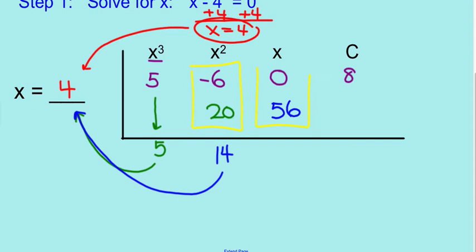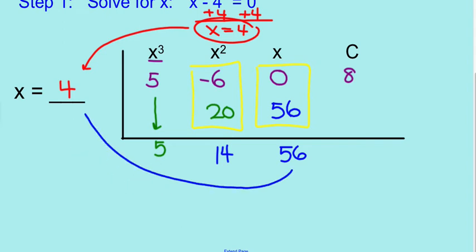And the column, 0 plus 56 is 56. Now multiply 56 times 4 is 224. Add the column, 8 plus 224 is 232. That's your remainder.